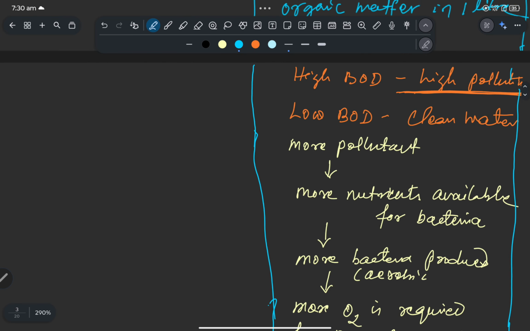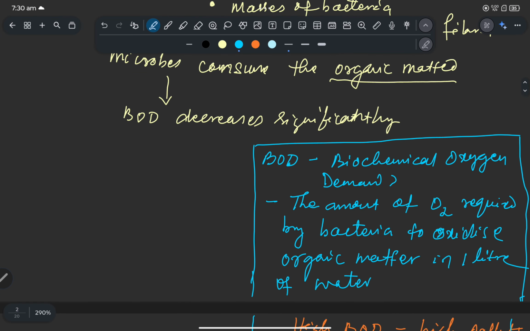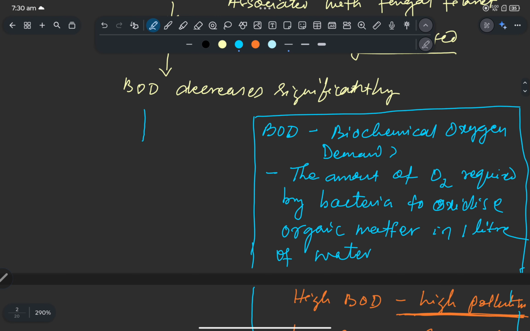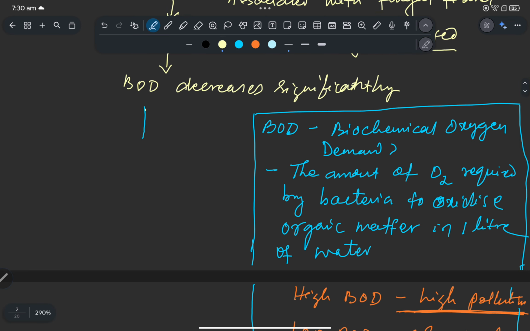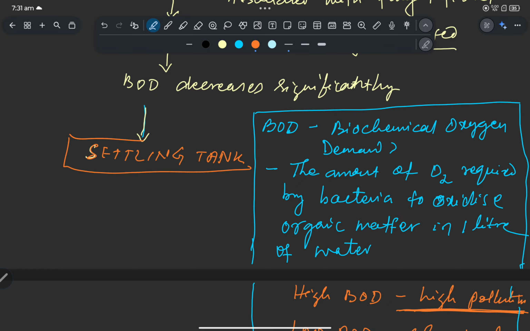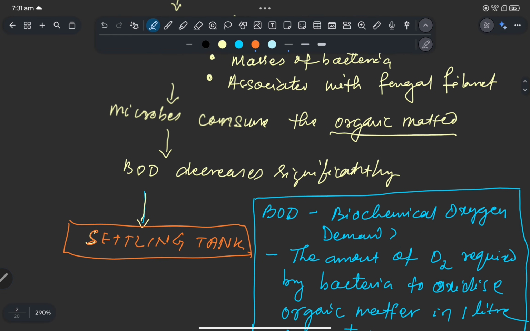Now what has happened here? The BOD decreases significantly. Now this is supplied to the settling tank. Now what goes to the settling tank?